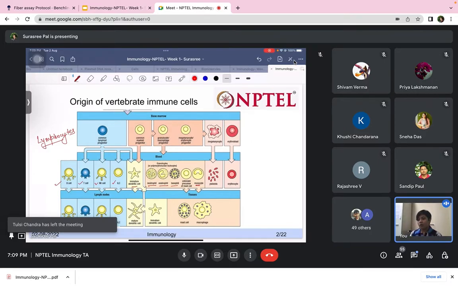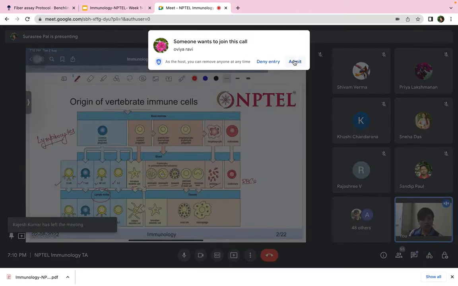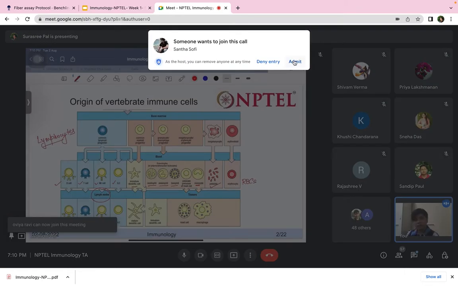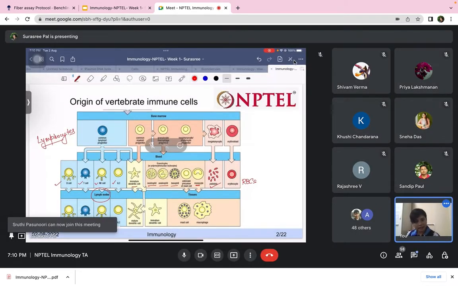Right? Now from the megakaryocyte, platelets are produced, which are important for blood clotting, and from the erythroblast, the erythrocytes or the RBCs are produced, right? And one interesting thing that you can observe here is that from the bone marrow, when the cells are going towards the lymph node, they are being differentiated again to form some activated cells, right?